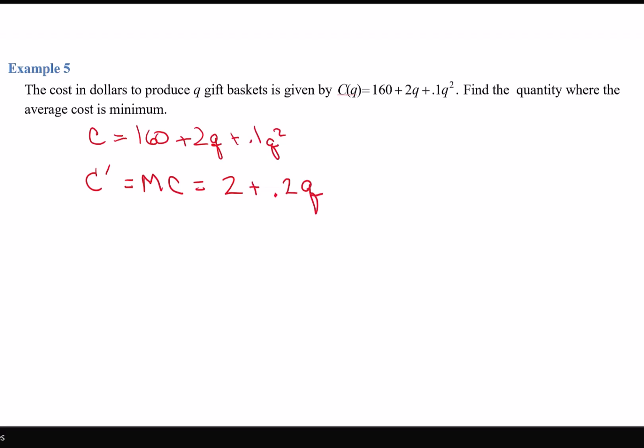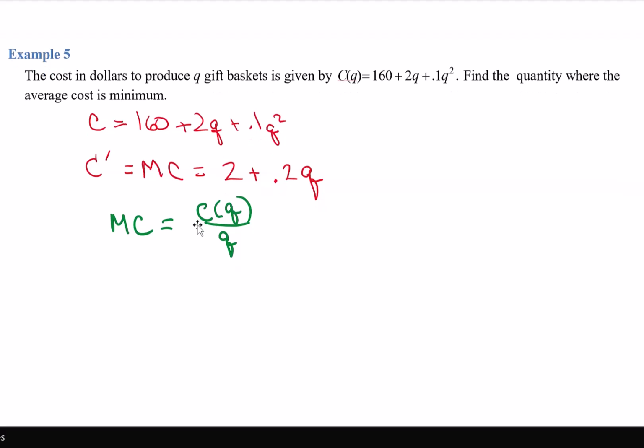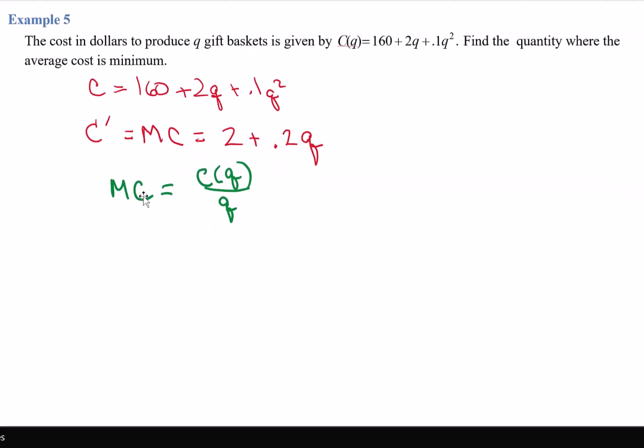Now remember, what I want to do is set marginal cost equal to the cost function divided by Q. So we don't have to do all the work. We can just say marginal cost equals the average cost when the average cost is minimum.